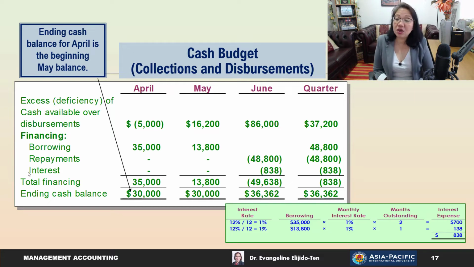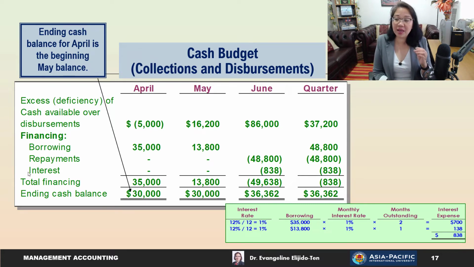Now, to calculate the interest, remember that the line of credit interest is 12%, but that is per annum. So if you divide 12% by 12 months, that means every month the interest rate is 1%.